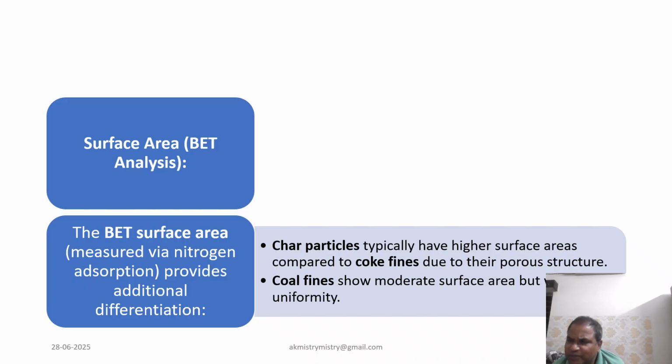Unlike the denser coke fines, coal fines fall in the middle but lack uniformity. This analysis helps us understand material behavior in furnaces, boosting efficiency. So let's wrap up with why this all matters.